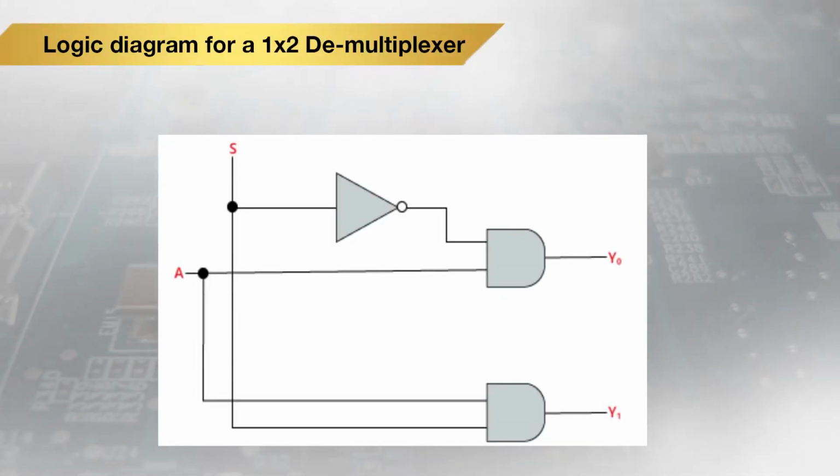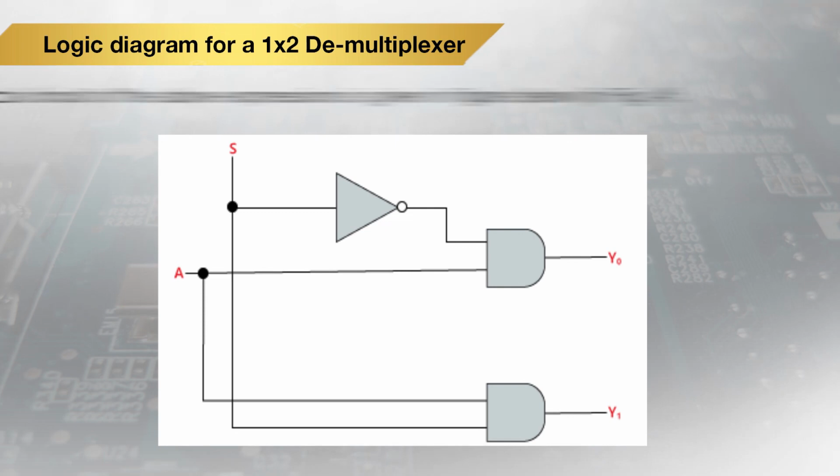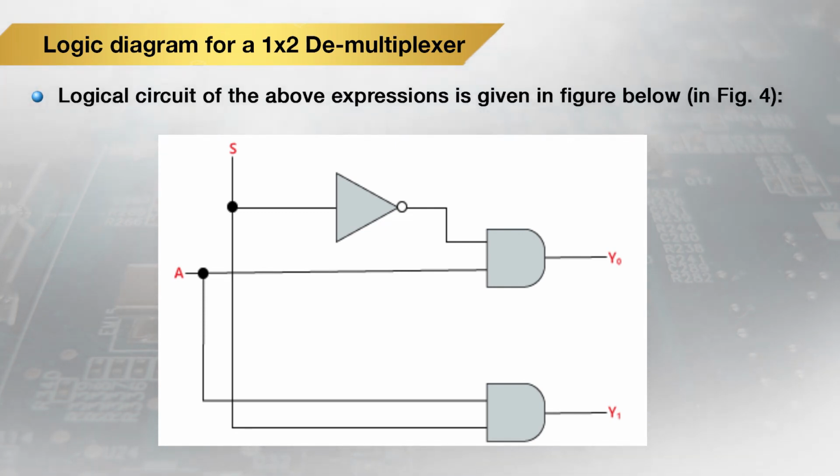The logic diagram for the 1x2 demultiplexer is shown here. This shows the logic circuit for the expression we have discussed. So here we have one input line and the selection line.